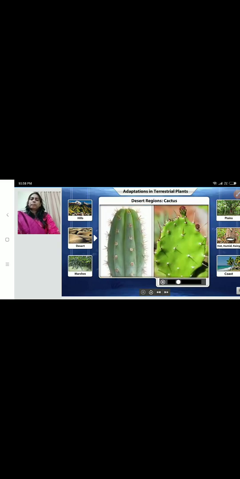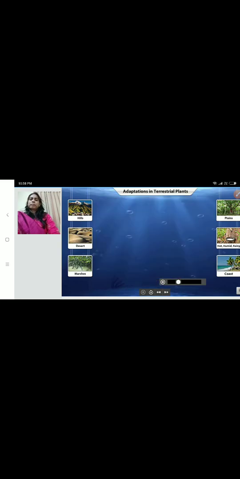Cacti and prickly pear have spiny leaves that help save water. The green fleshy stems store water and make food for the plant. Now marshes.